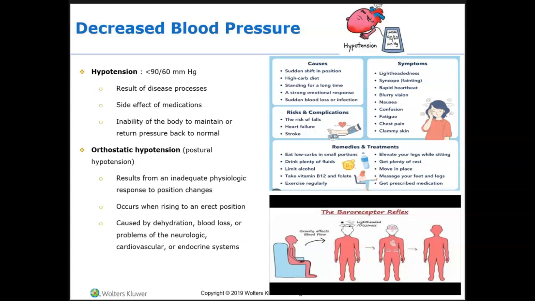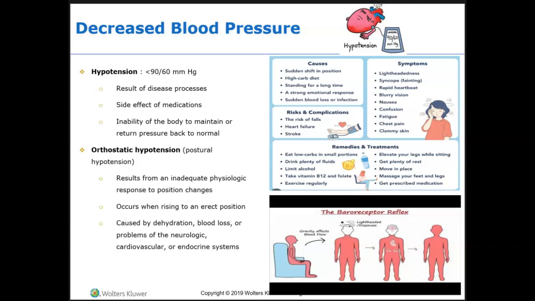Decreased blood pressure. Okay, so when we're looking at hypotension, so low blood pressure, that means you're typically below systolic 90 and diastolic 60. Many times we will see patients where this will happen as a result of some disease processes. Maybe certain medications are lowering a patient's blood pressure.